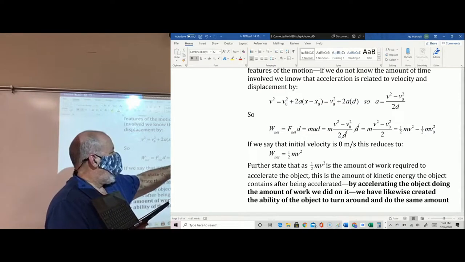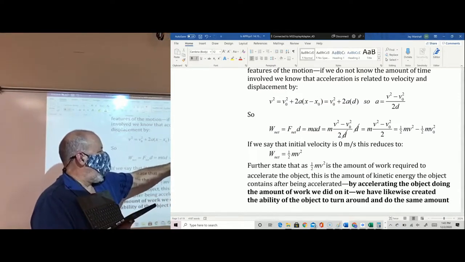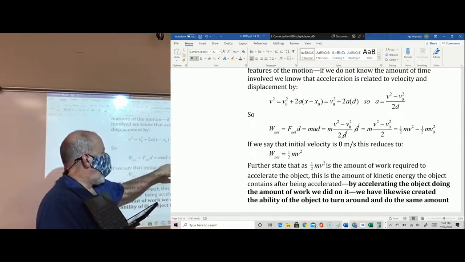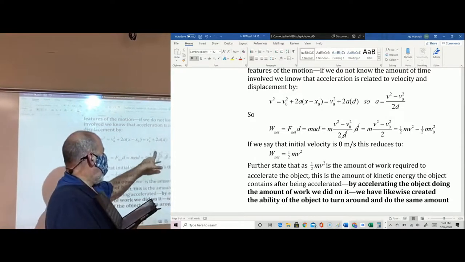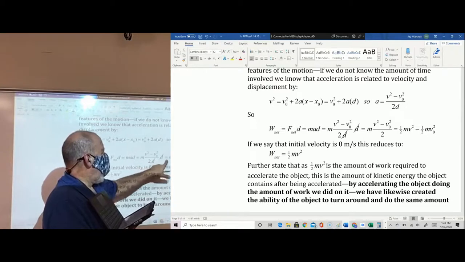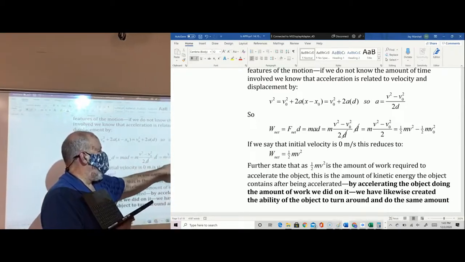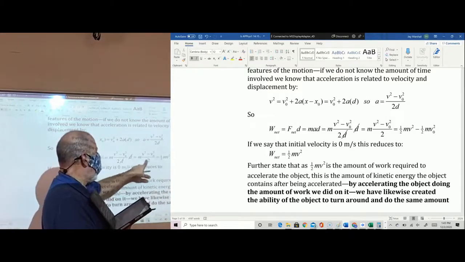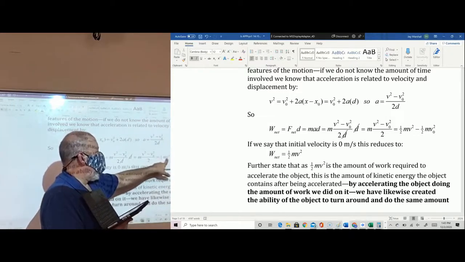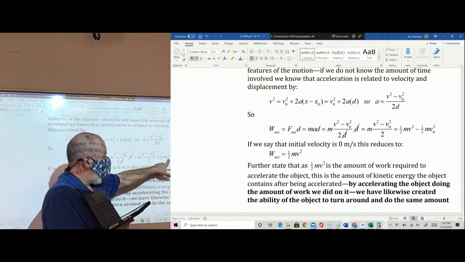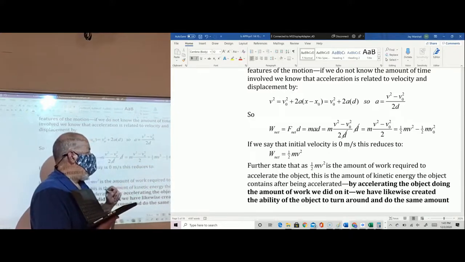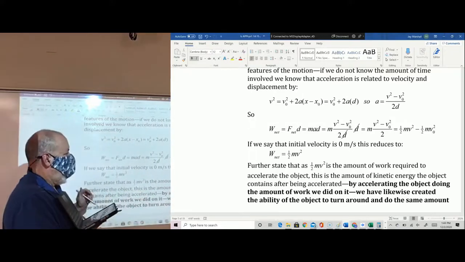So I put v squared minus v0 squared over 2d here, and work equals mass, and distance cancels out, v squared minus v0 squared over 2. So work equals 1/2 mv squared final velocity minus 1/2 mv squared times my initial velocity.